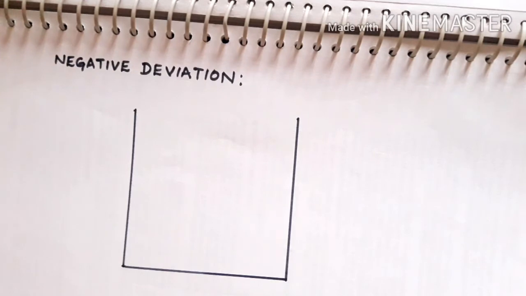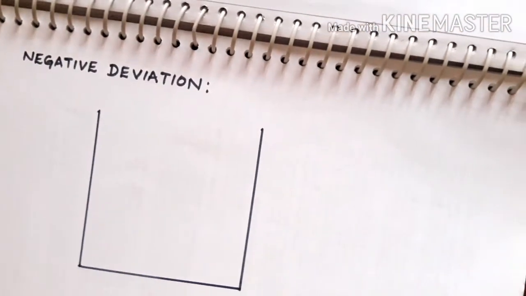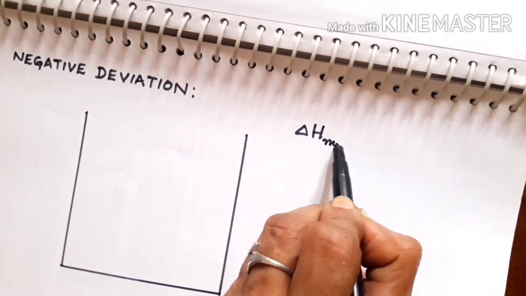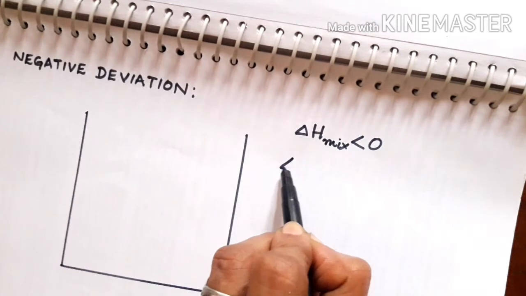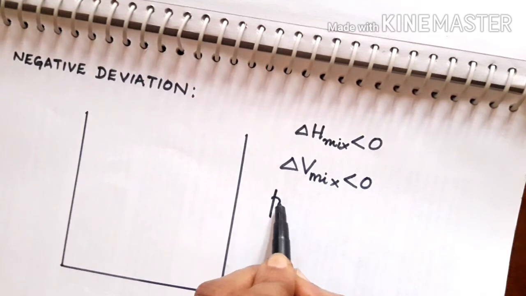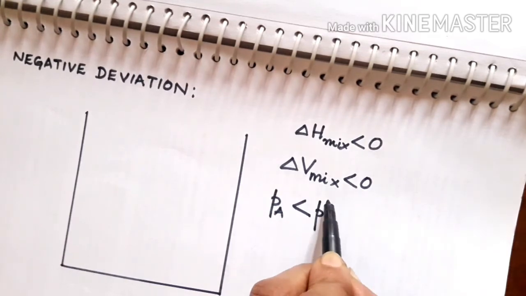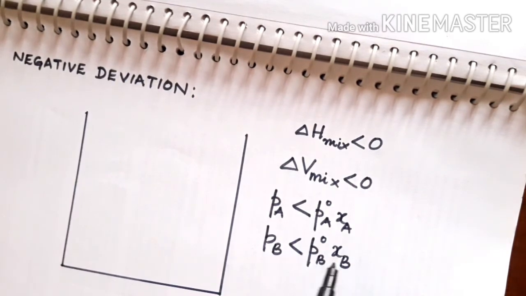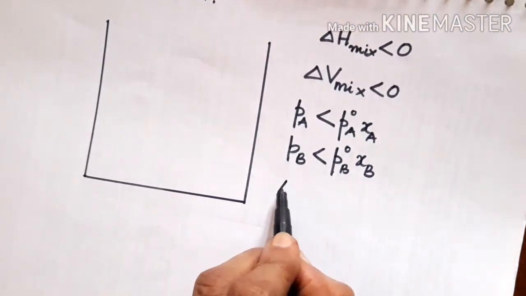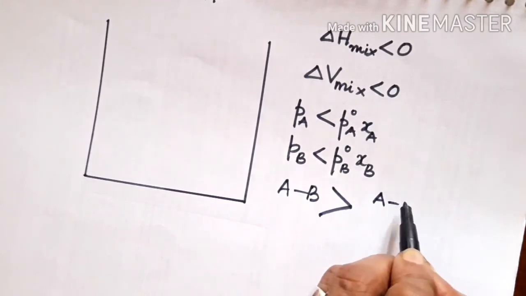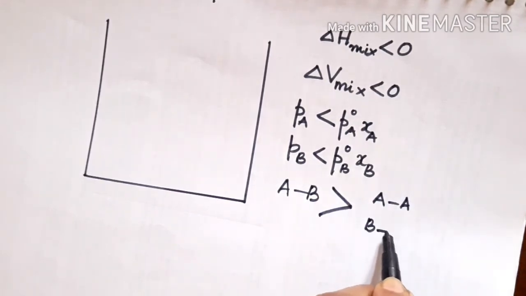The characteristics of solutions showing negative deviation, we shall summarize as: delta H of mixing should be less than 0, delta V of mixing is less than 0, then PA must be less than P0AXA, PB must be less than P0BXB, and all this happens whenever AB interactions are stronger than AA interactions or BB interactions.